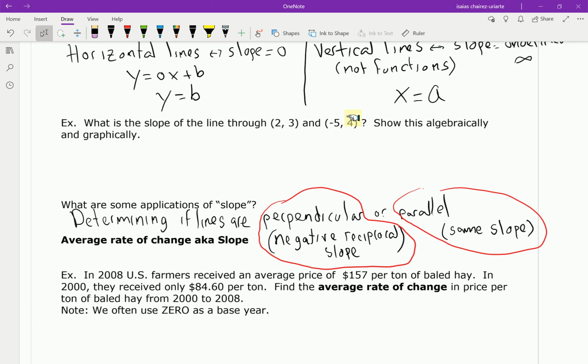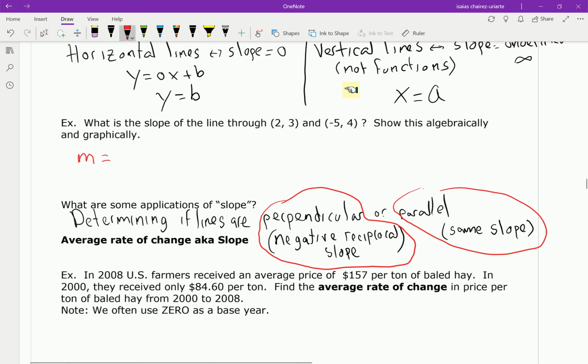Alright, so my slope is going to be the difference in the y's. I could say 4 minus 3, but then I have to say -5 minus 2 on the bottom, or I could say 3 minus 4 divided by 2 minus -5. It doesn't matter which one I use, just be careful with the signs.